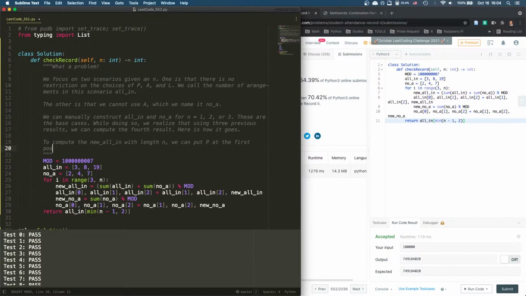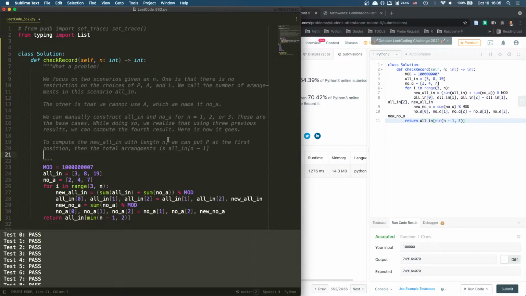Then the total arrangement is all in n minus 1.